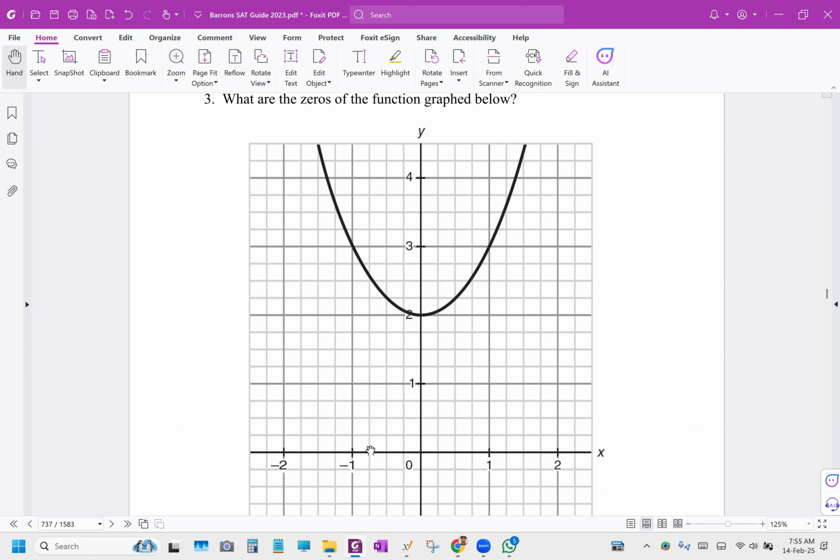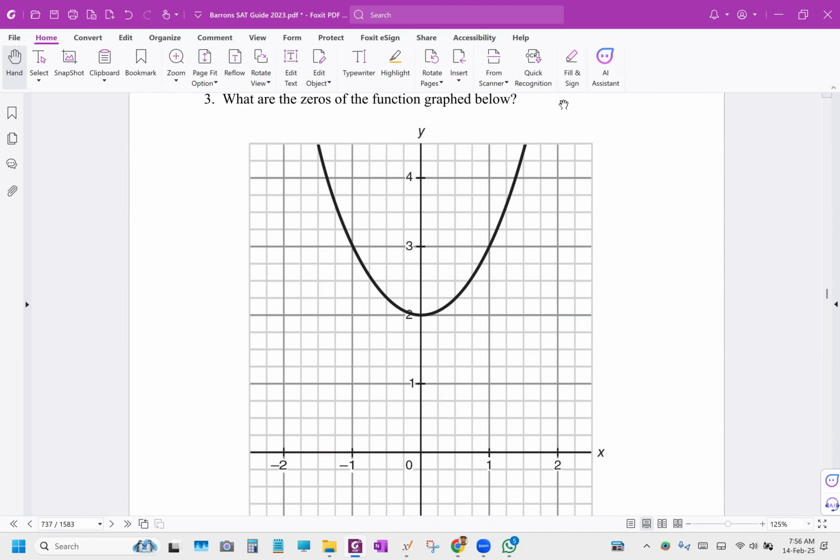So is this parabola intersecting the x-axis? No, it's not basically intersecting the x-axis. This parabola is not intersecting the x-axis, because this is our x-axis, and this is our y-axis. And this parabola is just like this, and it is not intersecting the x-axis.